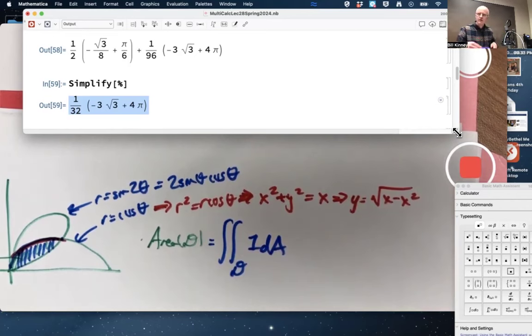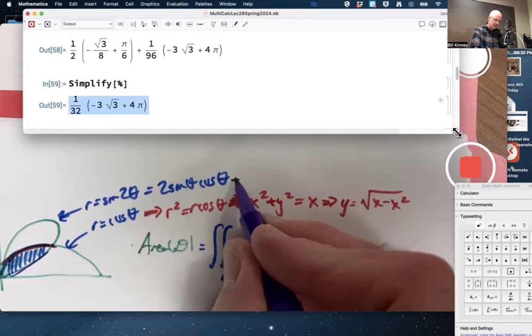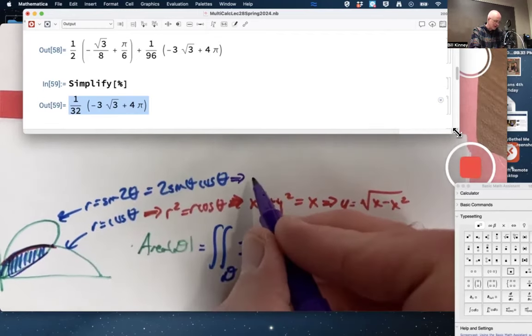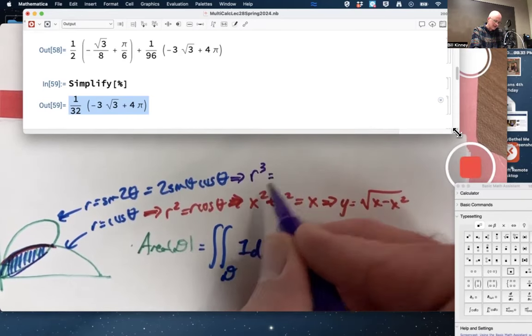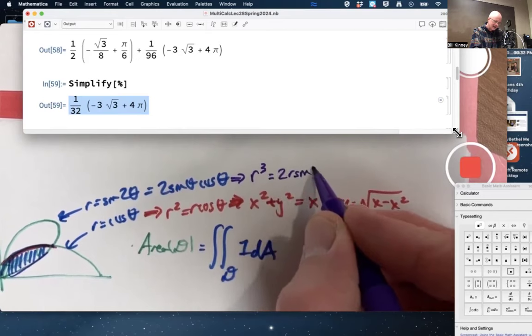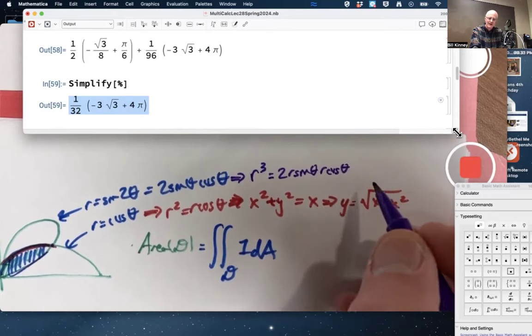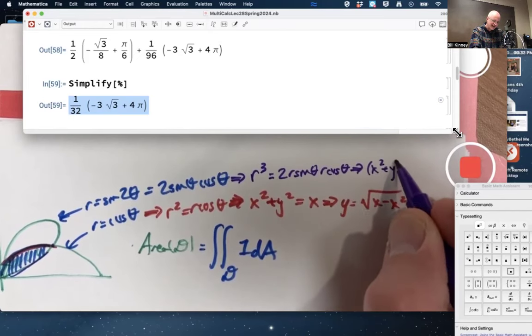And the lower curve, I have to use this equation, maybe multiply both sides by r. Or, that's trickier, multiply both sides by r squared. I could write it as r cubed equals 2 r sine theta, r cosine theta. I just multiply both sides by r squared. And that means I could write that as x squared plus y squared to the 3 halves. Oh, yuck.